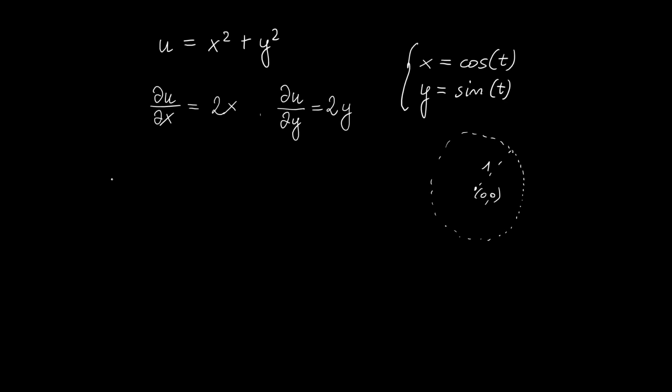So we can do this directly just by writing u as dependent on t, and calculate derivatives.